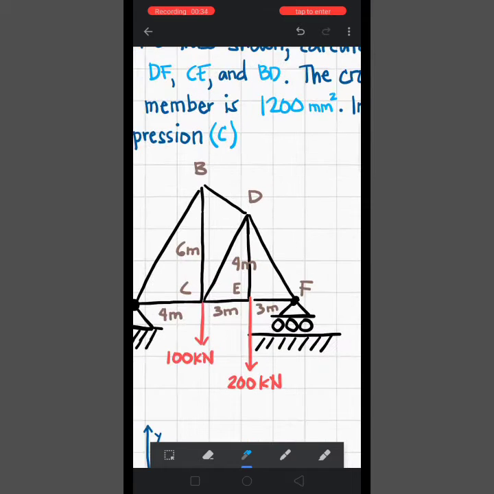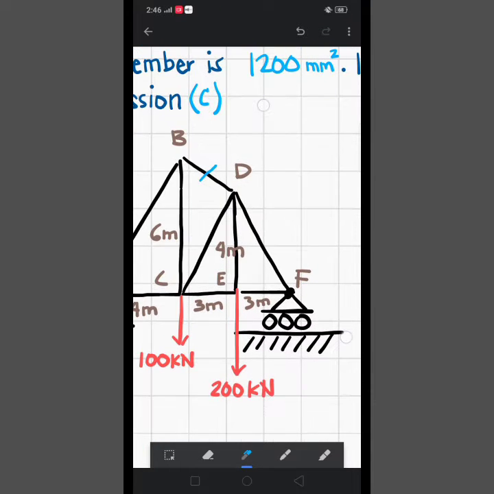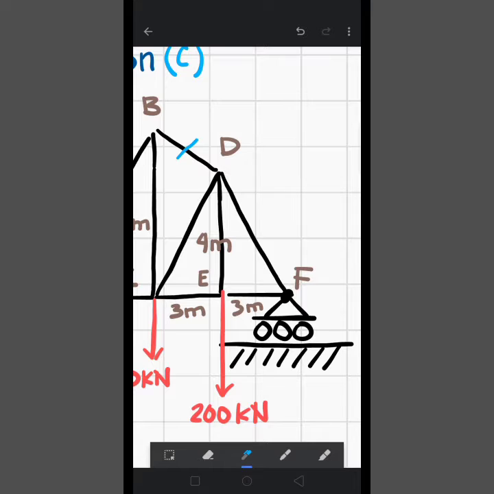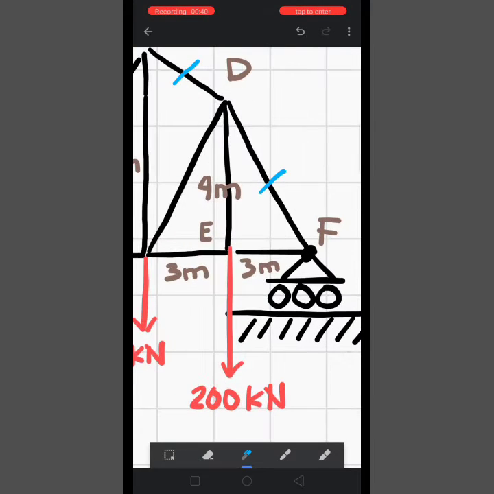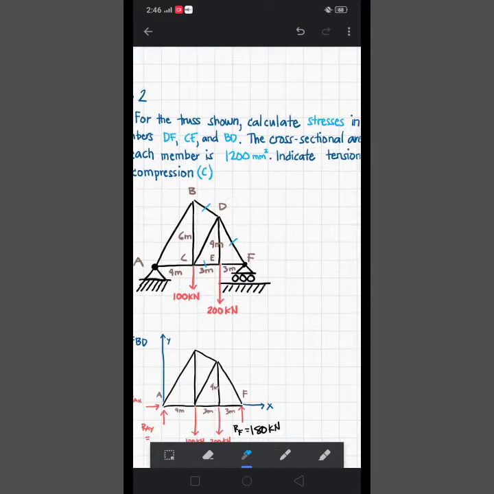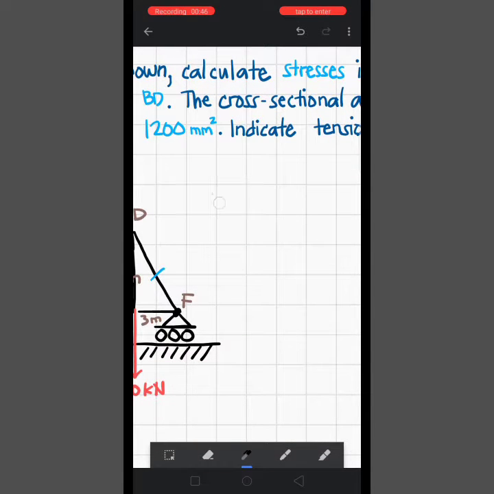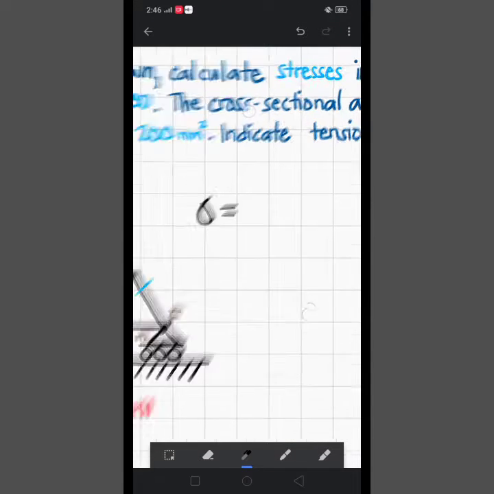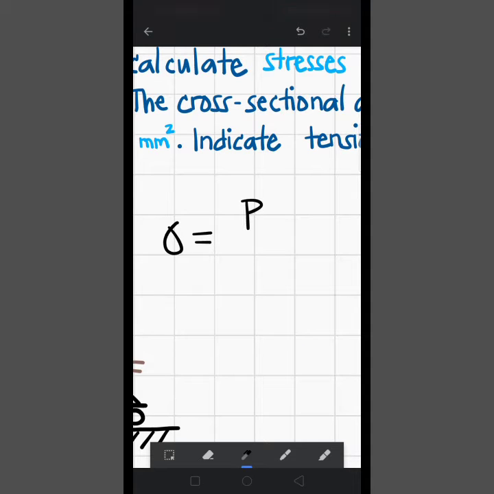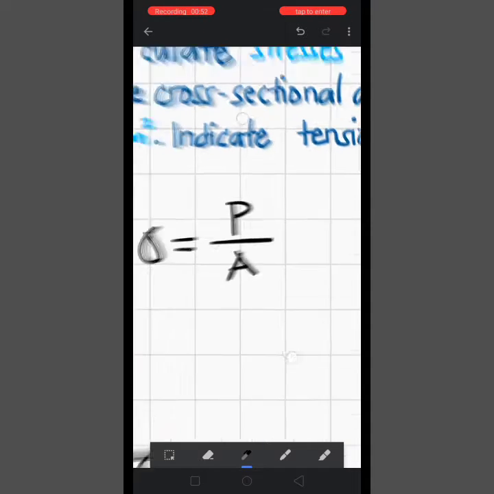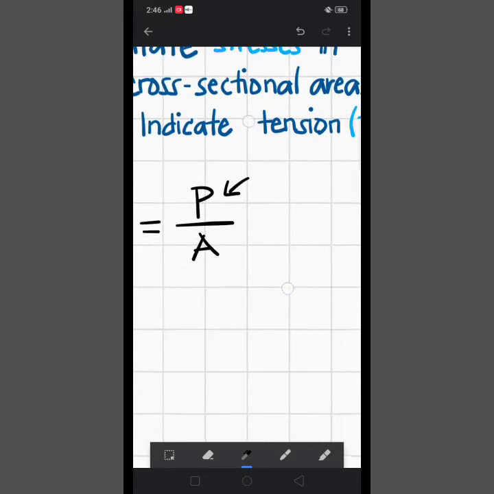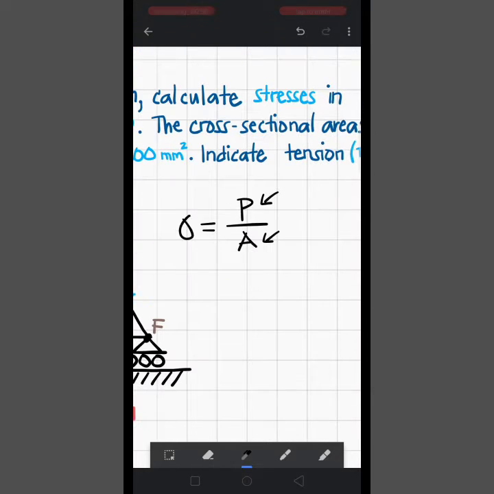So we are tasked to find the stress of member BD, member DF, and member CE. In order for us to find the stress, we must know the two parameters, which are the force and the cross-sectional area.